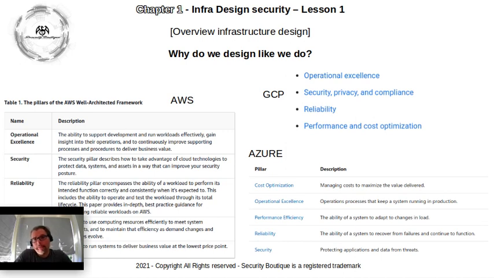The way of doing redundancy and reliability engineering in cloud is different than on-prem for sure, and so the complexity is at a higher level. You have zones, and you need to look into redundancy with a completely different approach than on-prem. But if you look across the vendors, the pillars are quite similar.